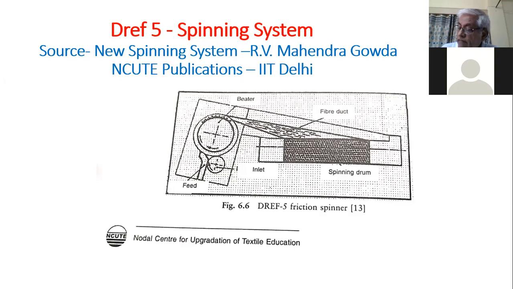So this gave a solution for good quality yarn, and we were able to spin yarn in the count range of 16 to 40 and a production speed of 200 meters per minute. So this kind of draft 5 spinning system was developed.